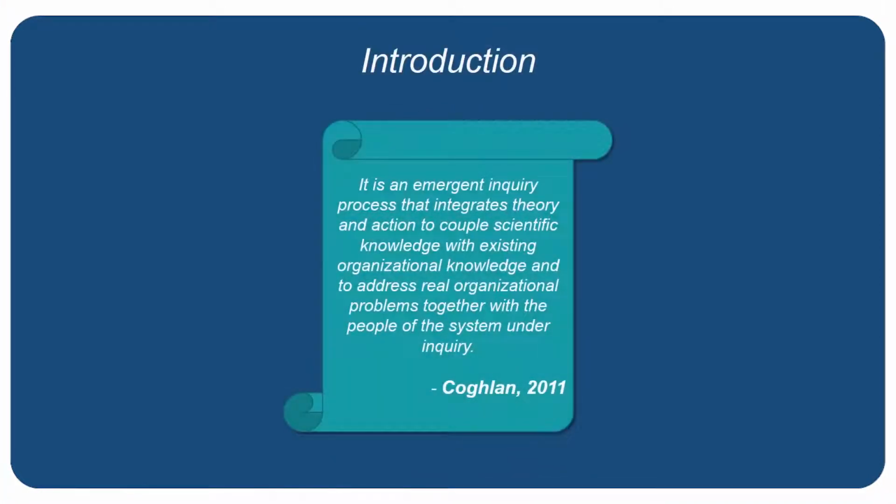Let us look at one simple definition of action research. This is according to Coghlan 2011. According to him, action research is an emergent inquiry process that integrates theory and action to couple scientific knowledge with existing organizational knowledge and to address real organizational problems together with the people of the system under inquiry.